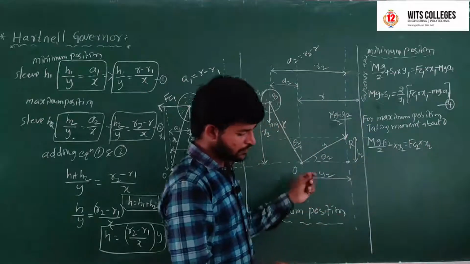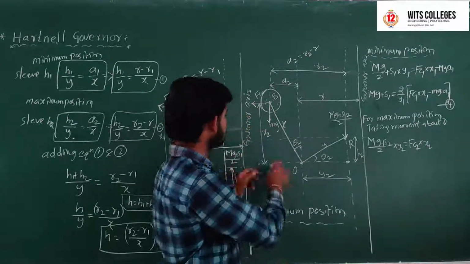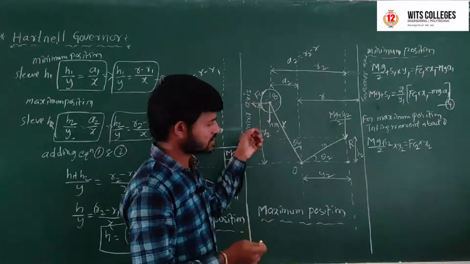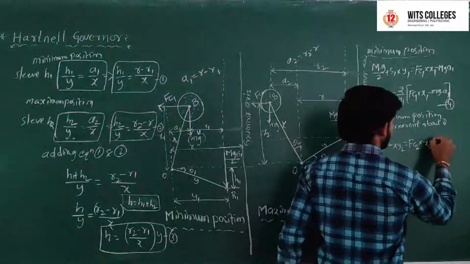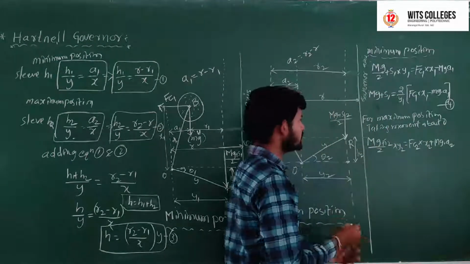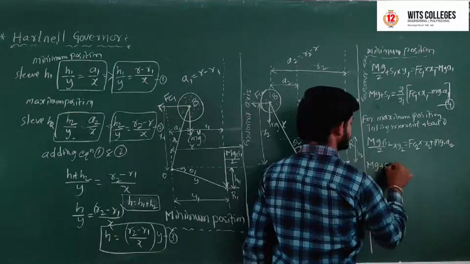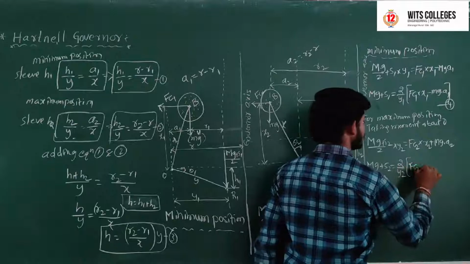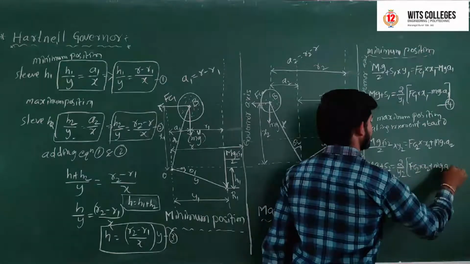Here x2 is the distance between O and the ball point B, plus mg into a2. In the same manner, mg plus s2 is equal to 2 by y2 into Fc2 into x2 plus mg a2.